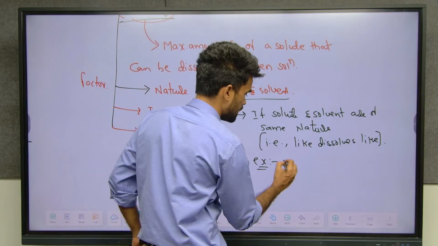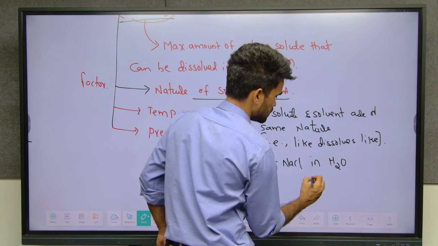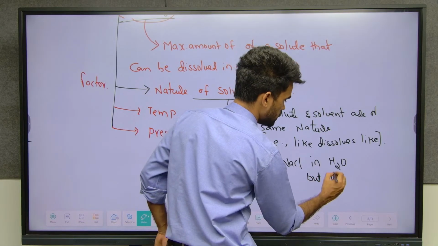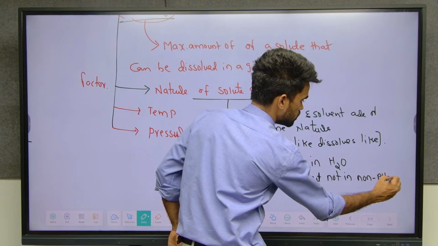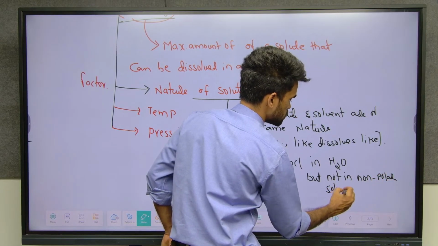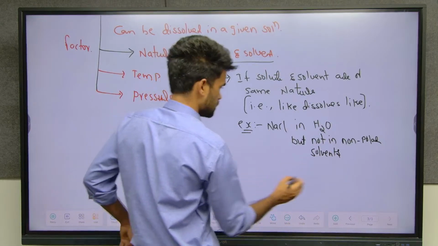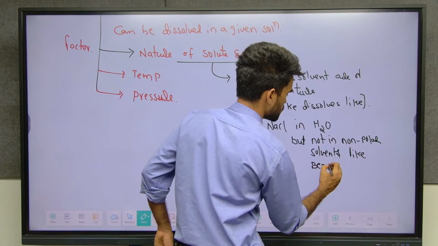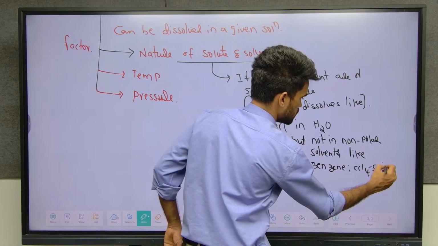Okay, example, salt NaCl in water, but not in non-polar solvents like benzene or toluene or CCl4.